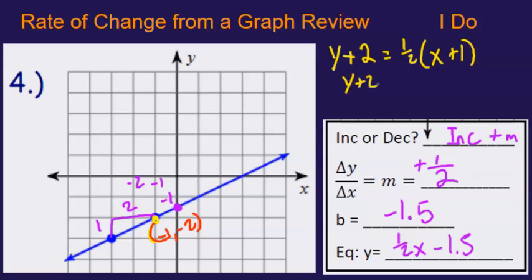Okay, y plus 2 equals 1/2 x plus 1/2. Subtract 2. And then you get y equals 1/2 x minus 2 plus 1/2, which is -1.5. So in this case, b was correctly identified. It might not always be that easy to identify b though, so you can always plug it into the point slope equation.